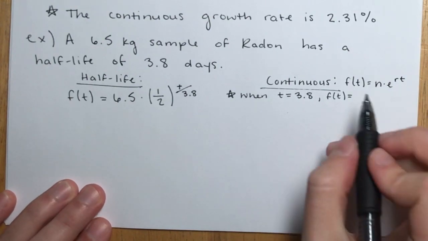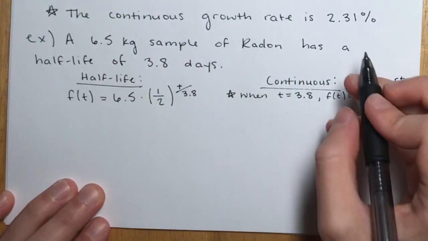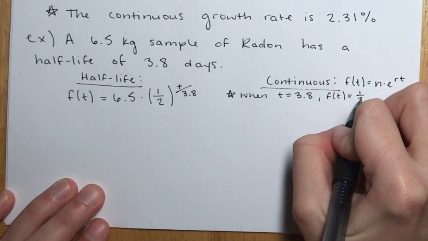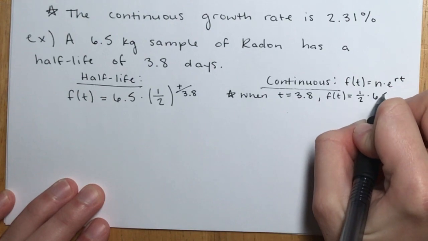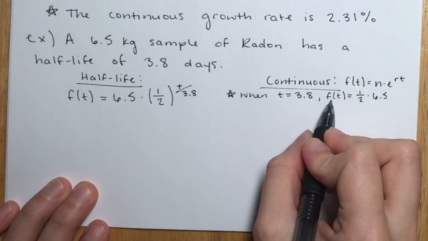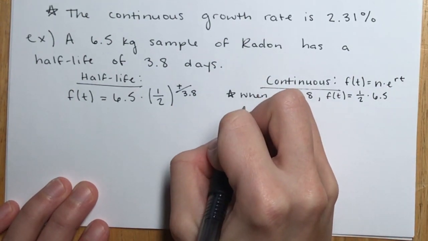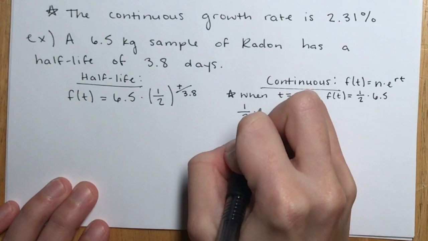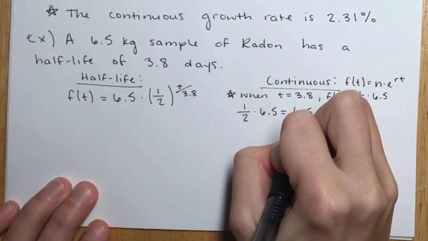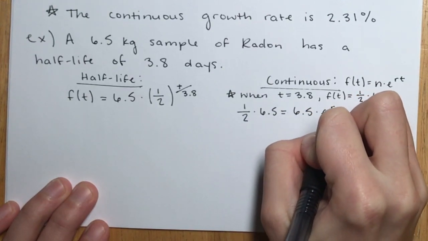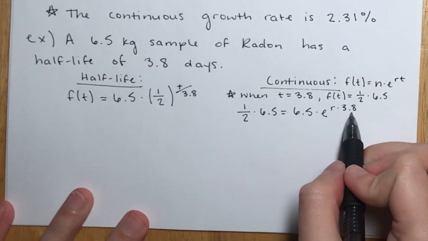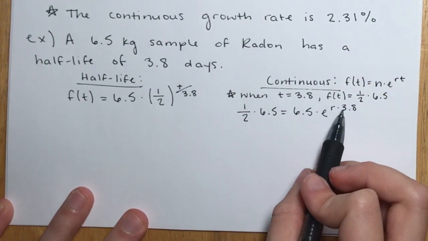It's half of what we started with, right? That's our half-life. That's the definition of half-life. So we have 1/2 of what we started with, which was 6.5. Let's plug all this in. So we know that f of t is 1/2 of 6.5, so 1/2 times 6.5 equals our initial, so 6.5 times e to the r times t. We know that t is 3.8. That's what we're using here to find r.